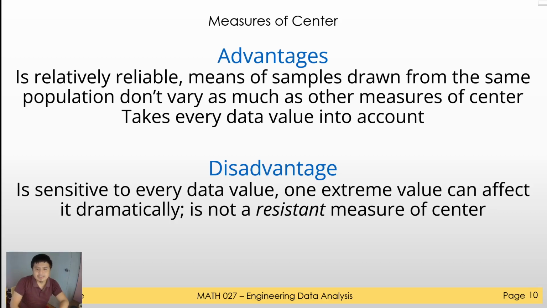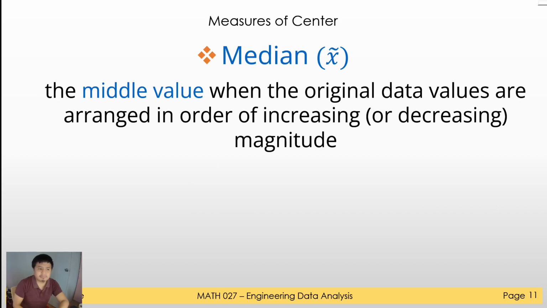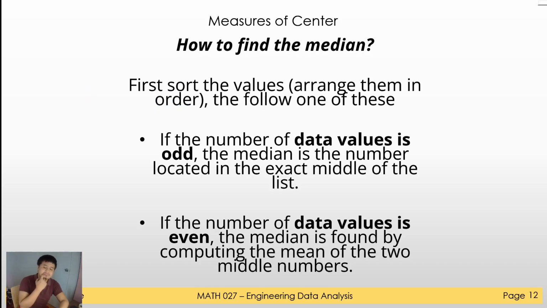Moving on, we have also the median as a way to measure the central tendency. It is basically just the middle value, nothing more, nothing less, the middle value of the data. So how do we find the median? There are only two scenarios that we should take note of: if the number of data is an odd number, or if the number of data is an even number.